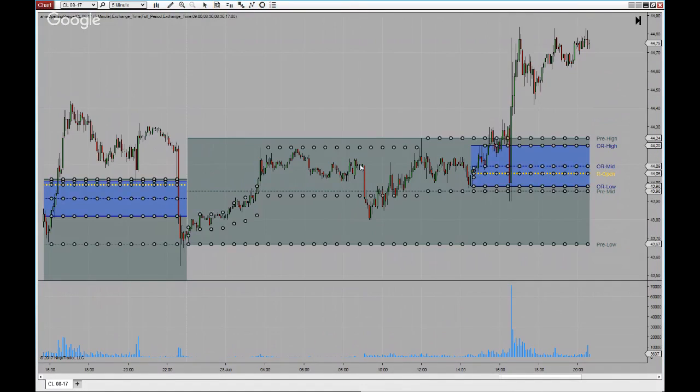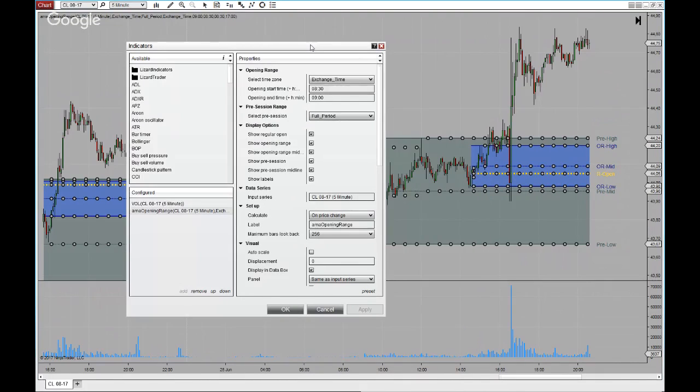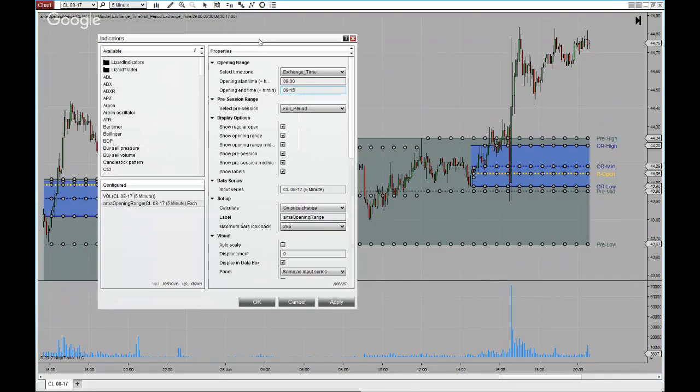I can go in here into properties, and as you see here, I have defined the opening by the default values. So that is, of course, incorrect. We need to set this to 9 o'clock until 9:15. So you need to do this for each instrument that you're using this for.